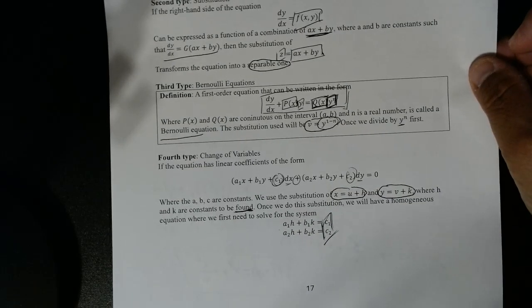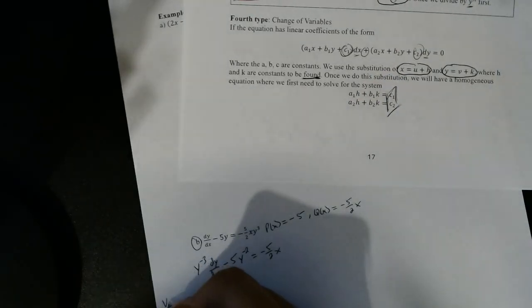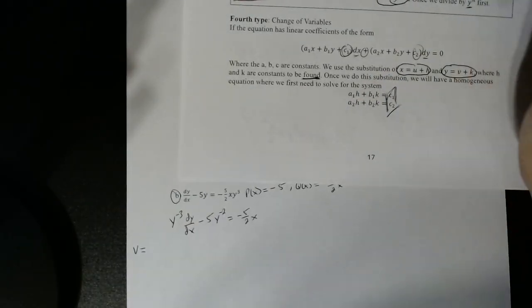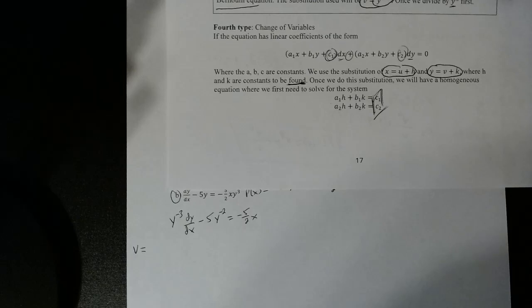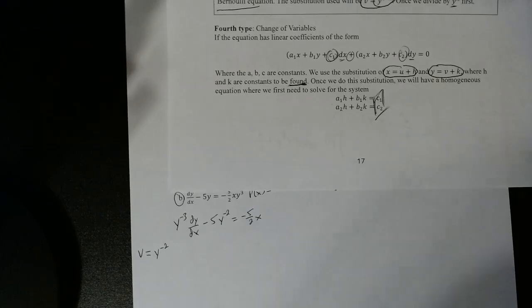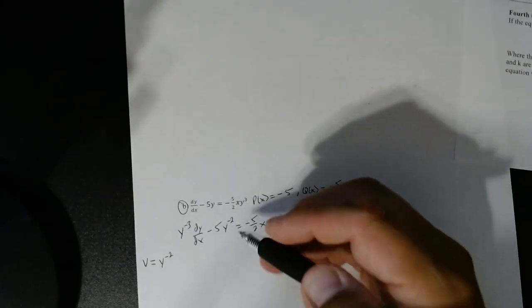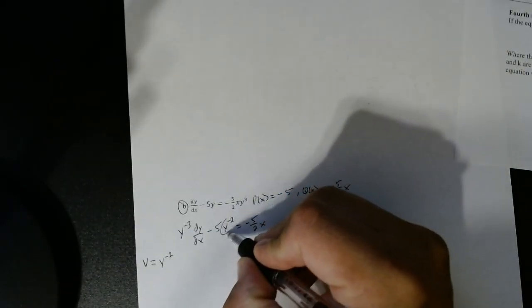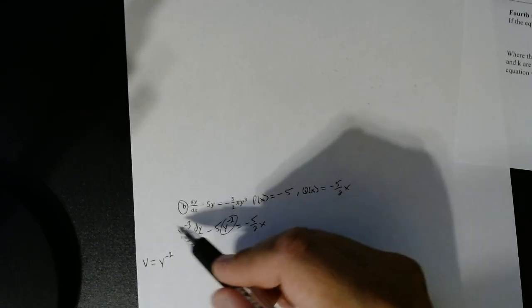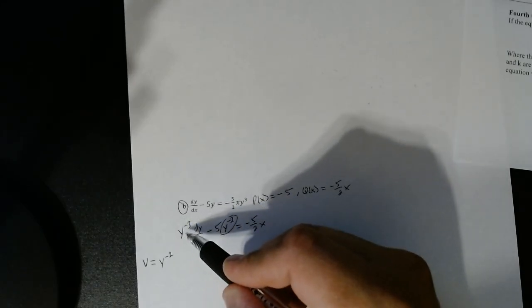So we're going to substitute v equals 1 minus n. So 1 minus 3 is negative 2. So substitute y to the negative 2 power. Okay. So once we do that, we'll just straight substitute this portion. Okay. Now, when we do the substitution, there's a couple things. So notice this is going to be fine here. That's going to be straight v, but we have a problem here because this ends up being another y there.